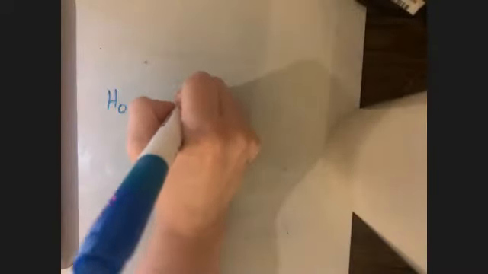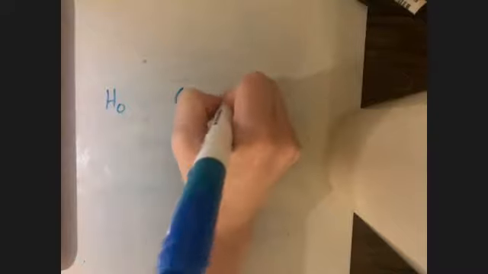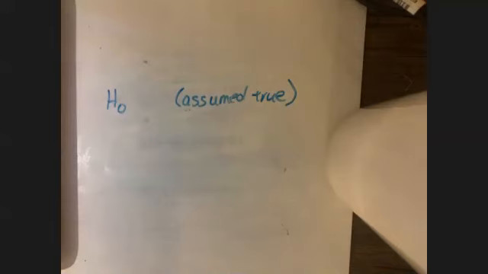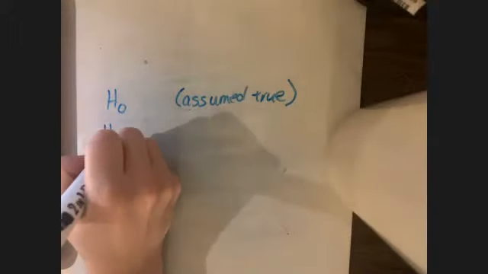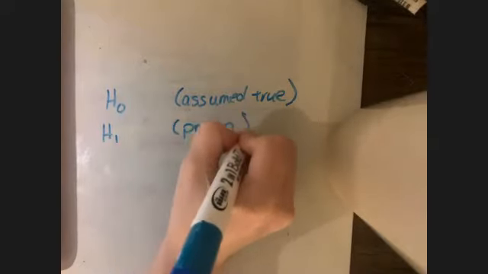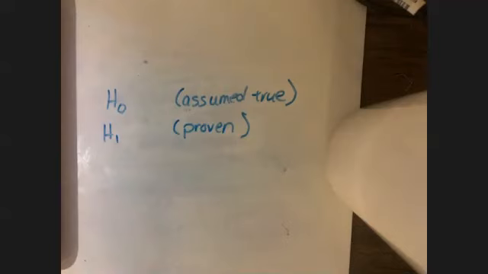And keep in mind, the same way that someone is presumed not guilty in a court of law, whatever statement they make in H naught, that is what you assume to be true until you prove otherwise, okay? Now, H1 has to be proven, okay? So you've got to find enough evidence to prove that I should change my mind from H naught to H1.